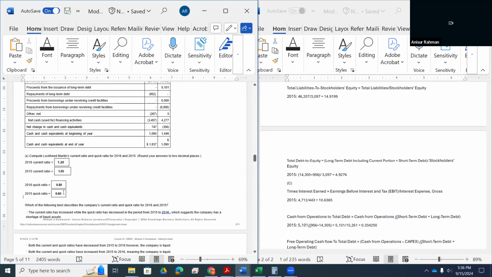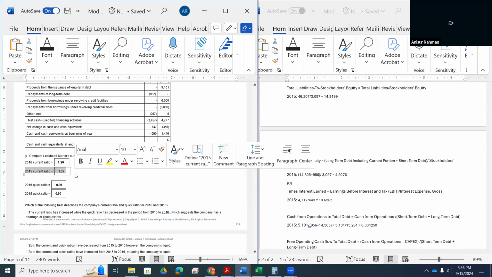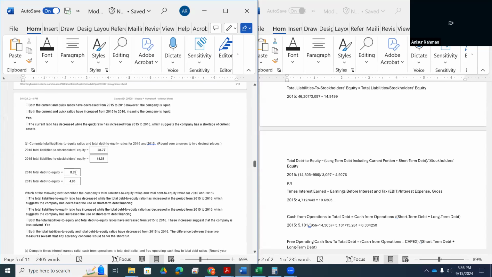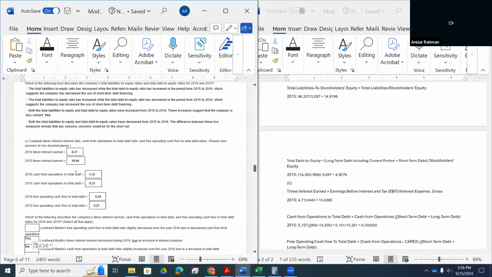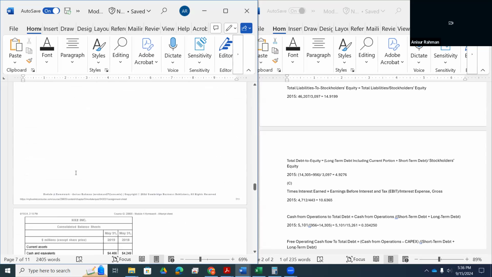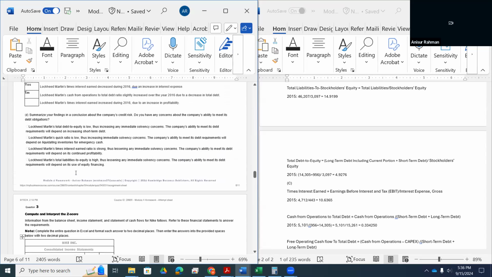It is true it is below 1, but it doesn't mean it has immediate cash concern, because if you look into current ratio, it is above 1. So this is not a concern for Lockheed Martin either.